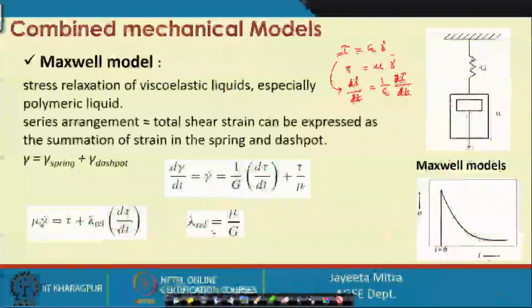So, this is the relaxation time, and this will be signified as mu by G, the relaxation behavior. Here mu is the viscosity of the dashpot, and G is the elastic modulus of the spring.